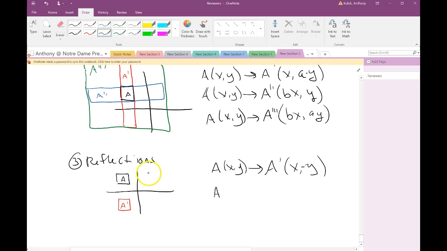And I also talk about flipping them across the y-axis. In this case, the y-coordinates stay the same, but the x-coordinates now are going to change their sign. And we're not going to talk about flipping across both axes when it comes to trigonometry, but that would just be where both coordinates change the sign.